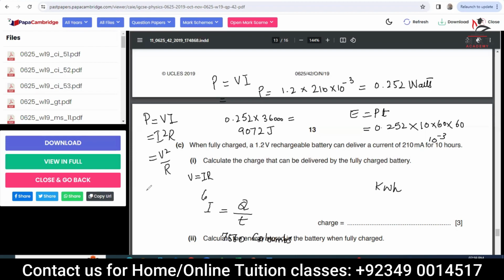See, the formula is E is equal to PT, right? P is this 0.252 and time is given as 10 hours. So I converted 10 hours into seconds. How did I do this? 10 multiplied by 60 converted into minutes. And then I again multiplied by 60 to convert it into seconds. So this is what the energy is. 9072 joules. Okay. All right.